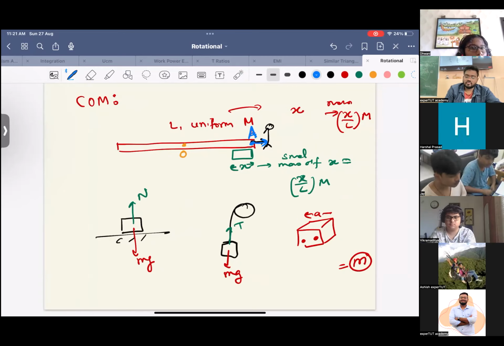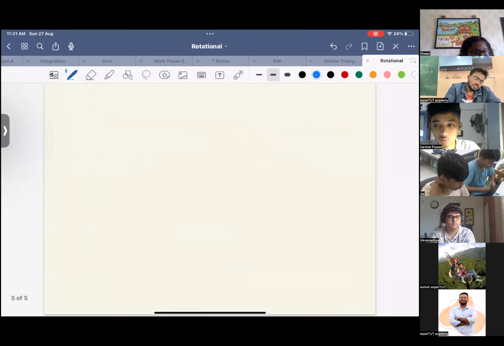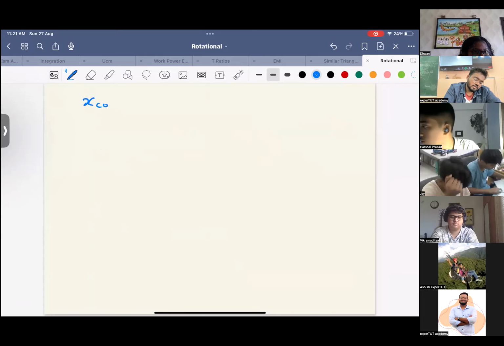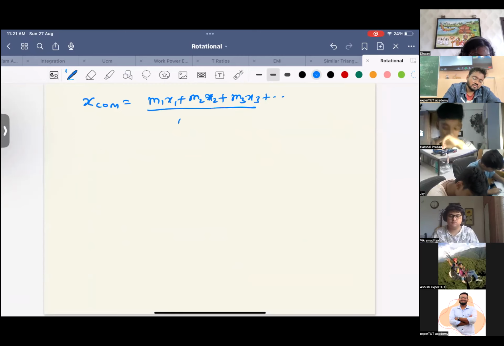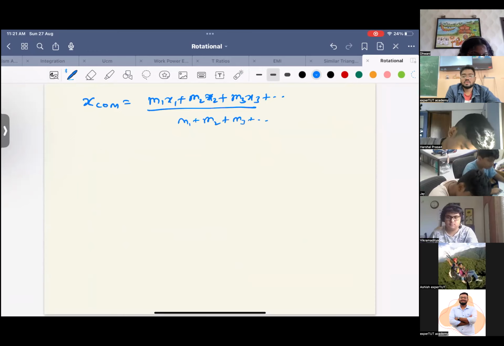The mathematical formula of center of mass is this. The x center of mass is m1 x1 plus m2 x2 plus m3 x3 plus ... divided by m1 plus m2 plus m3 plus ... Okay, write this formula quickly.